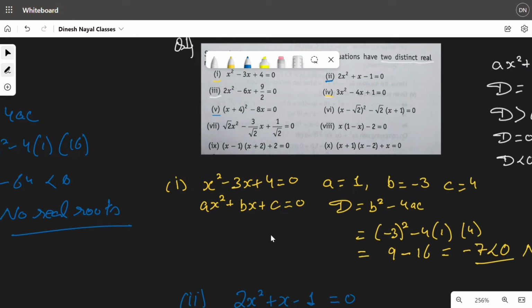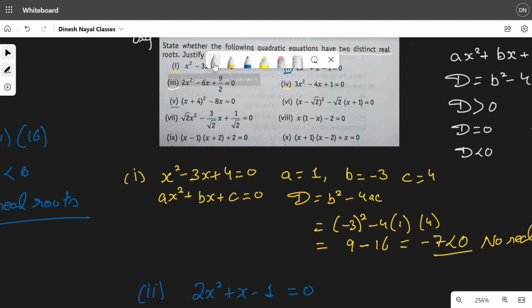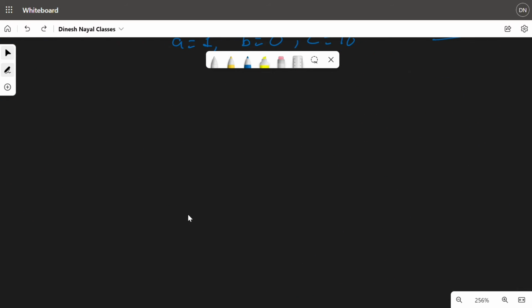Now the next part is the sixth one. It is given as (x minus root 2) whole square minus root 2x plus 1 equals 0.